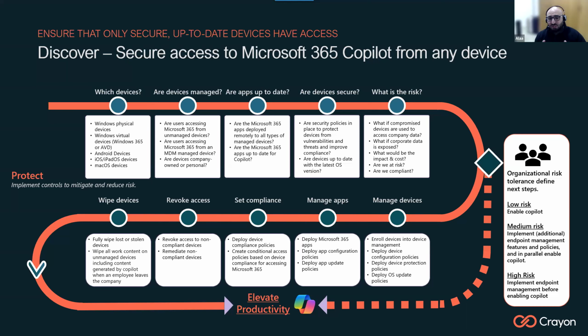If you don't have the security measures in place, and I'm talking here about high-risk or medium-risk customers, Copilot will have access to your data in SharePoint, OneDrive, everywhere within the Microsoft 365 tenants. But as we said previously, Copilot will adhere to the security measures that you have put in place before deploying it.